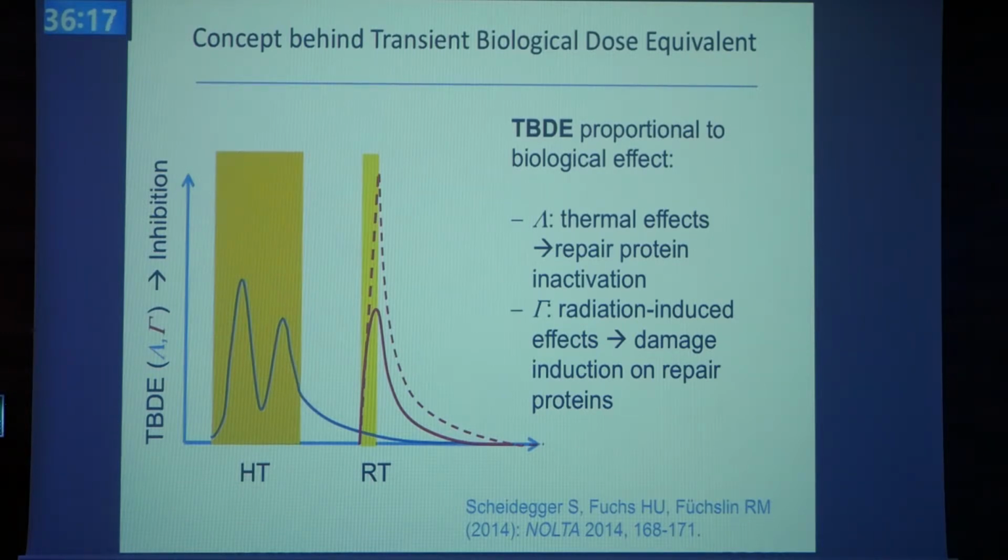As soon as you heat, the lambda dose goes up and describes repair inhibition, and when you irradiate, the gamma dose goes up and describes the radiation-induced inhibition of repair enzymes. The decay after radiation or after heating is then nothing else than the repair of the repair enzymes by chaperones.